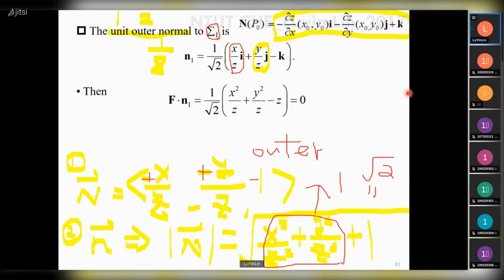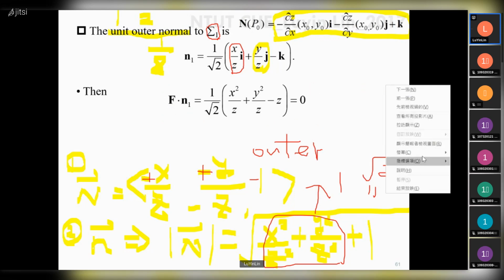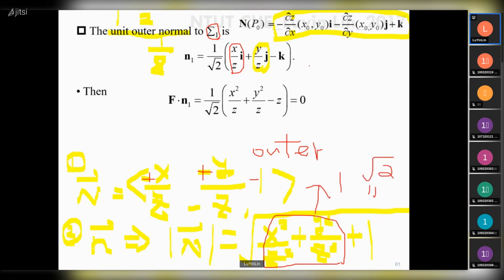I cannot finish this example today. So, you can write down this. F is xyz. F is xyz. So F dot product of n1 is this one. And this one is 0 because z is equal to this one.